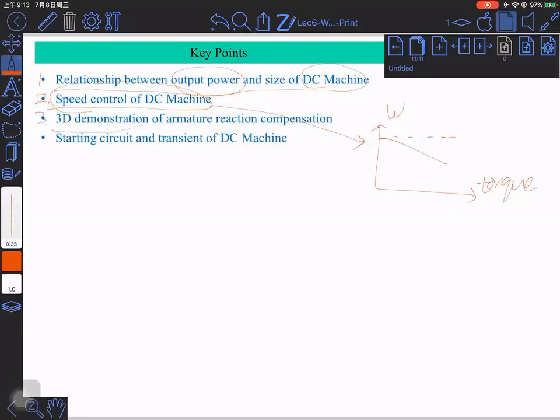Next, we looked at the three-dimensional demonstration of armature reaction compensation. With the compensating winding, we have seen an evenly distributed magnetic field. Therefore, we can avoid two things. The first is the armature reaction inducing a huge current in the internal circuit, because of the electromotive force over a very small resistance.